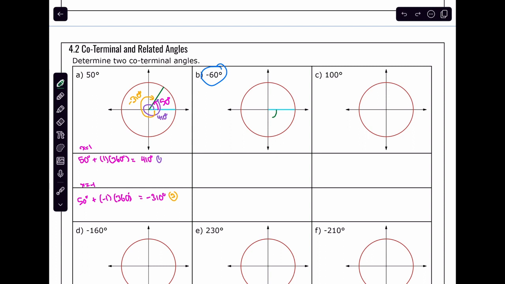So if this is negative 90 degrees here, negative 60 is going to be in the first quadrant. And we'll draw the arrow this way. So to find our first coterminal angle, I'll do x is equal to 1 again.